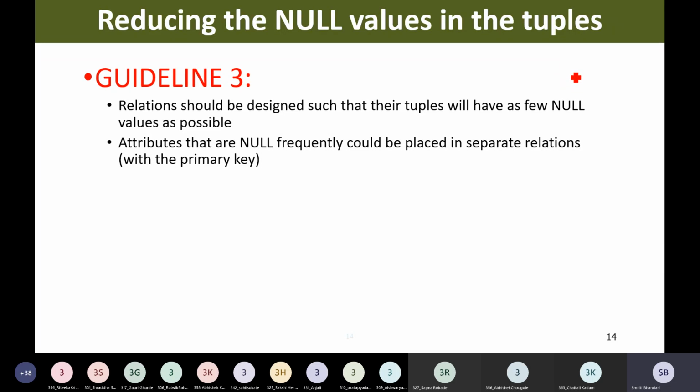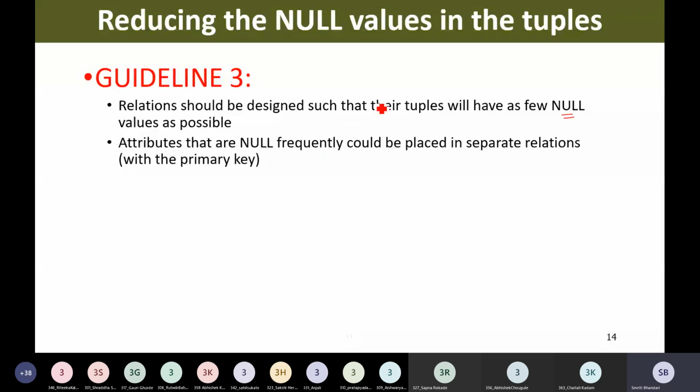We should design relations such that the tuples, those are the records we are going to store in that relation, will have as few null values as possible. We should not encourage storing null values because handling null values is a little complicated.